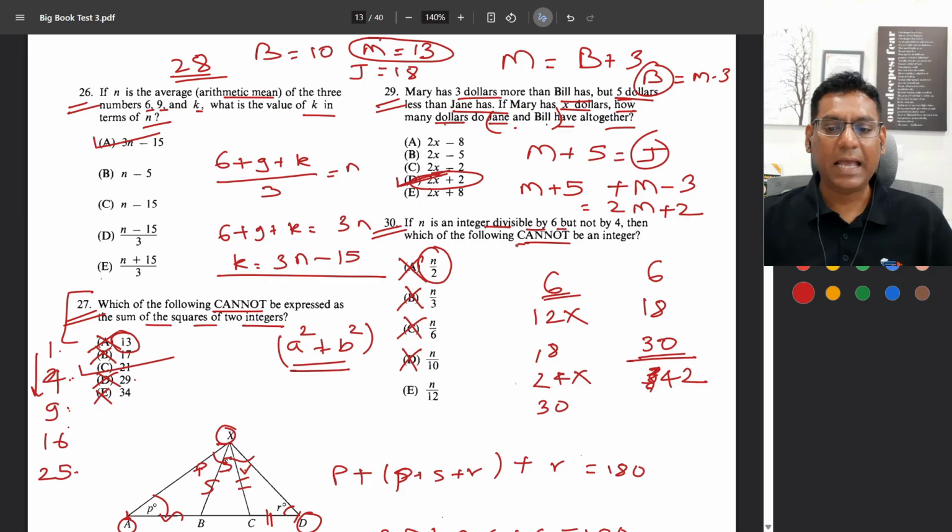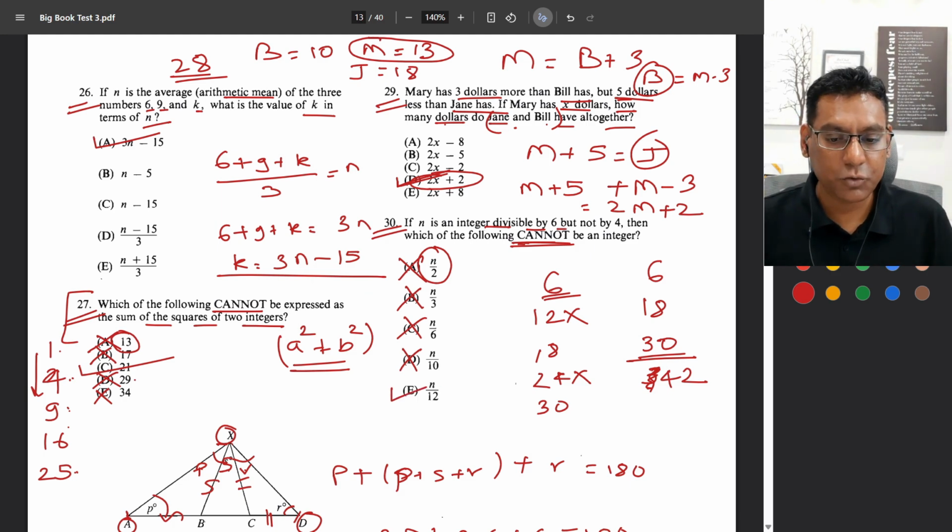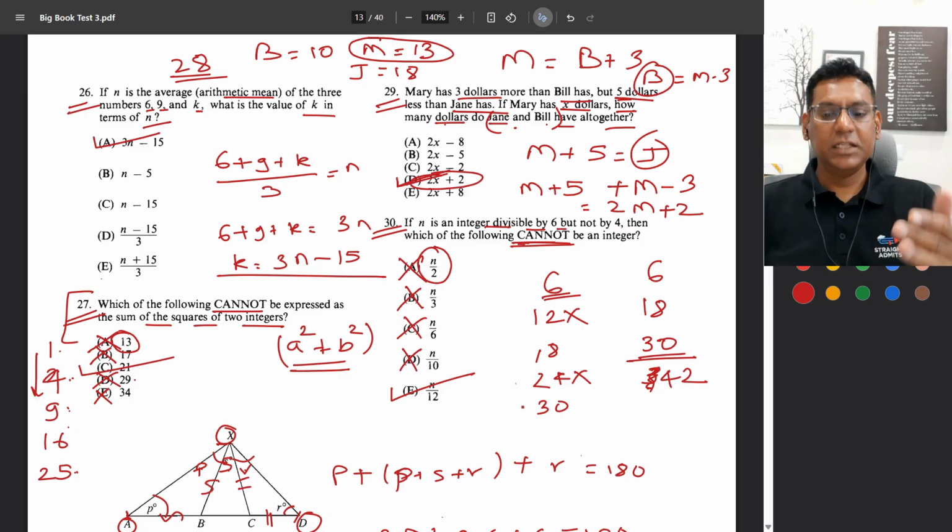See, they are asking for can, they are not asking for must. n by 12, in none of these will you get n by 12. None of these is a multiple of 12. So the answer has to be n by 12.